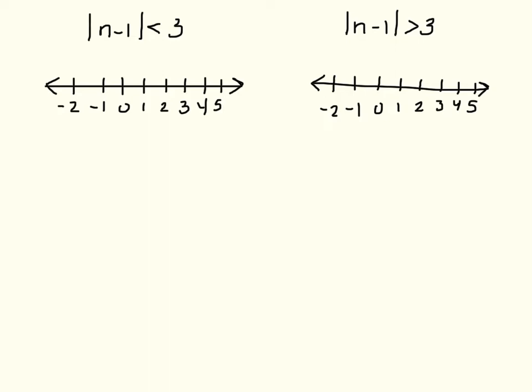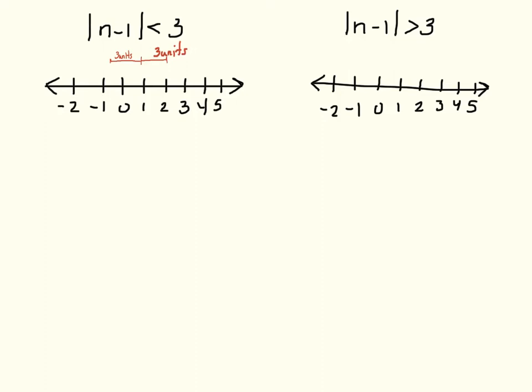So 1 is obviously right here. 3 units away from 1 would be to 4 and negative 2. So we have 3 units. And we also have 3 units to 4.